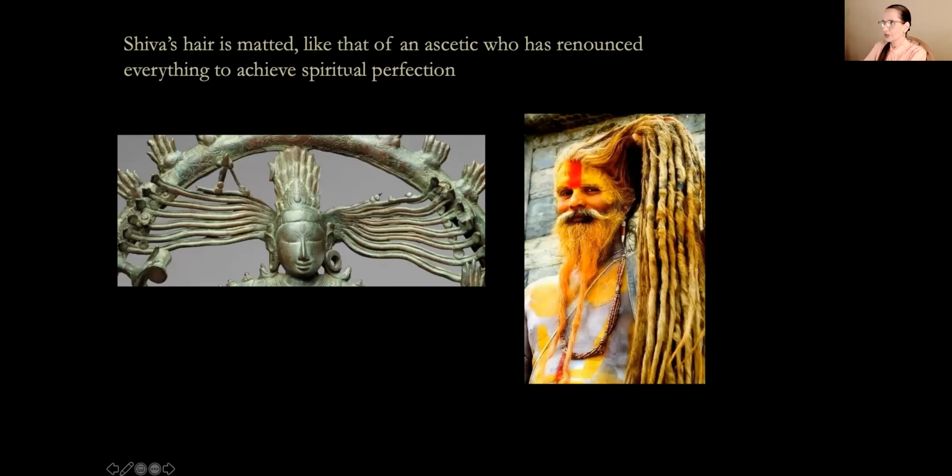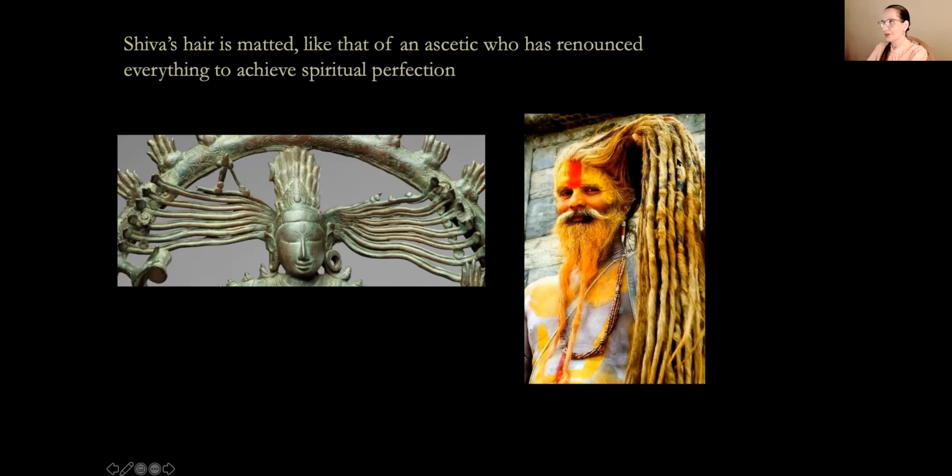And then here, I should have actually had this up instead of trying to use my own hair as an example. I forgot I had this slide. Sorry. Shiva's hair is matted like that of an ascetic. So here's a wonderful example of an ascetic who has his hair not only matted, but he's also ritually colored.